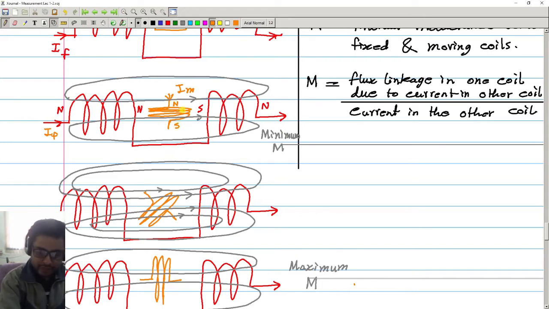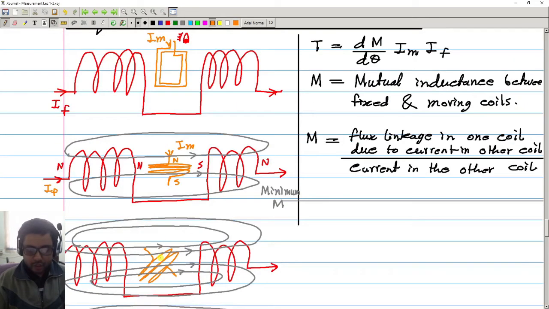Then the torque will try to rotate this coil so that the two electromagnets are aligned. North will be attracted by south, south will be attracted by north, and they will get aligned. So here the mutual inductance was low, here it is high, so it is increasing.